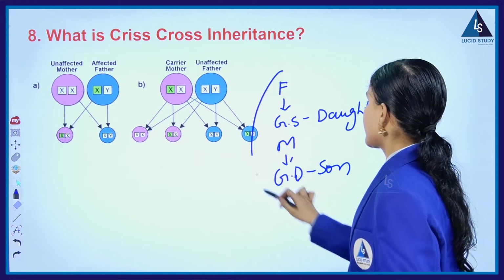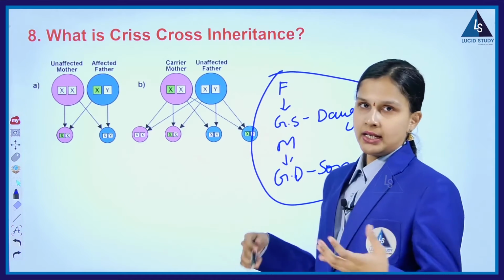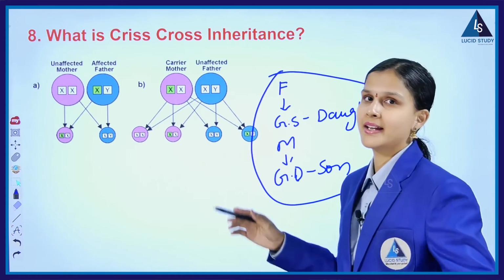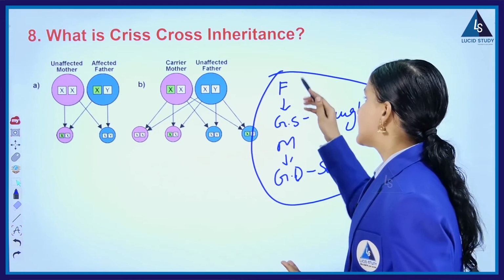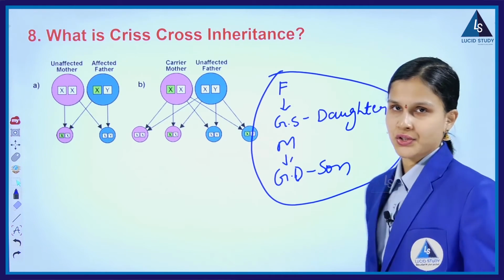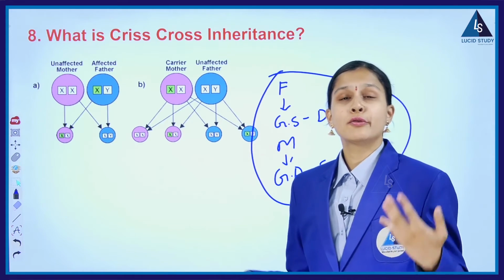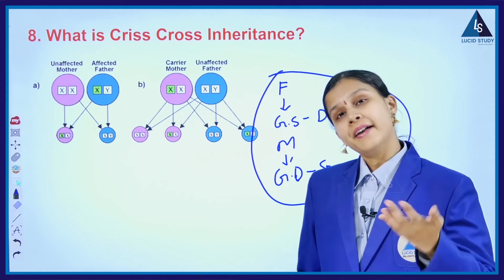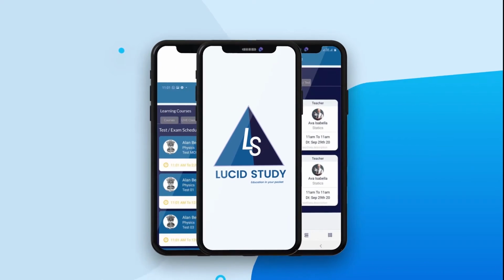So this pattern is usually called crisscross inheritance. Inheritance of sex-linked characters in this way from one generation to the other generation. So the examples which you can give here for this crisscross inheritance are color blindness, hemophilia, etc.